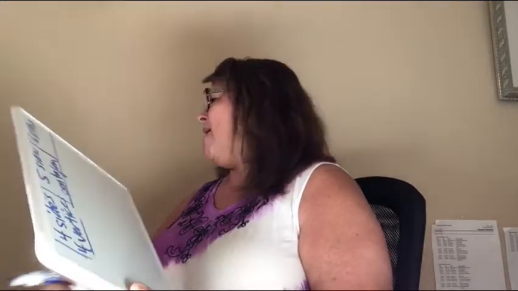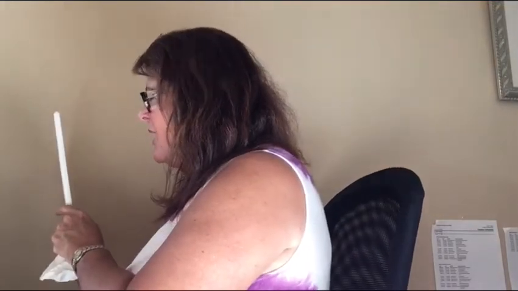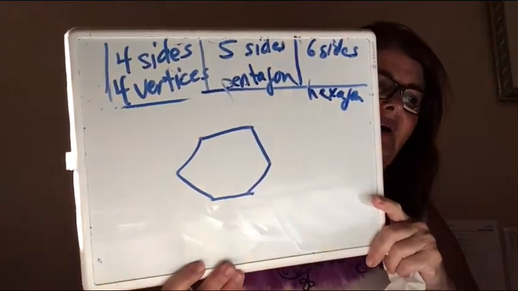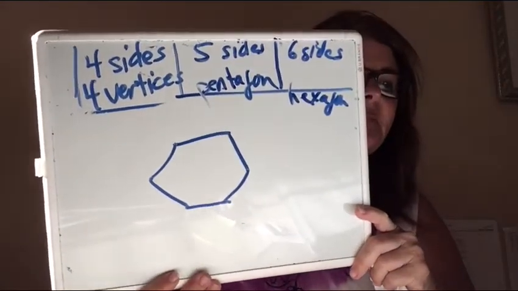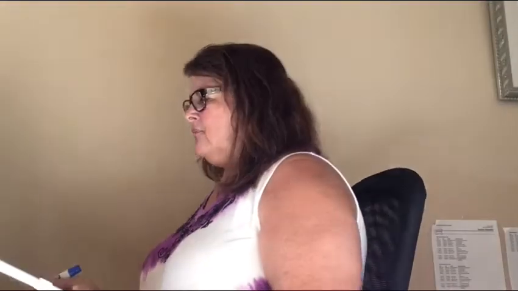Your next shape is going to have 6 sides. A 6-sided shape is called a hexagon. 1, 2, 3, 4, 5, 6. My drawing is very poor, but I hope you get the idea of a hexagon. So those are your 3 shapes for number 10.